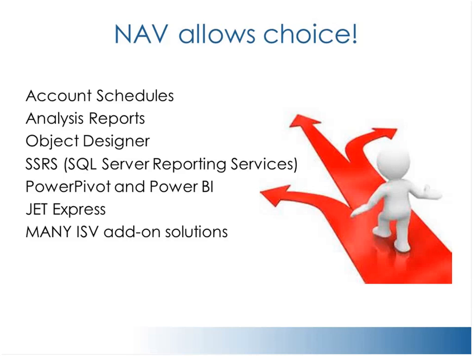One of the things that you should know about account schedules is it references what's posted on your general ledger. So it's going into the main portion of your software and referencing that, but it's not reporting against your submodules. So when you think about your sales module and you think about your purchasing and inventory modules, it's not accessing that information.